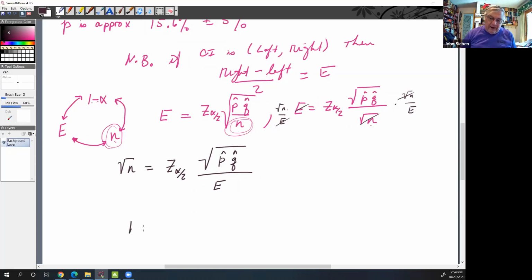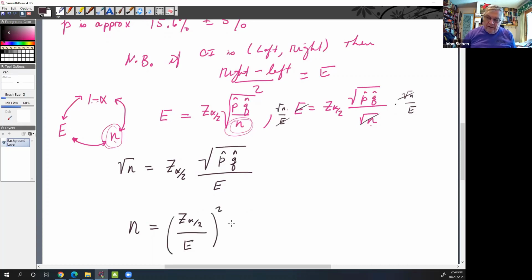And if I do that, I get N is equal to, and I could write it this way. The nice thing about algebra, and the bad thing about algebra, is it always gives us multiple ways to do anything we're doing.